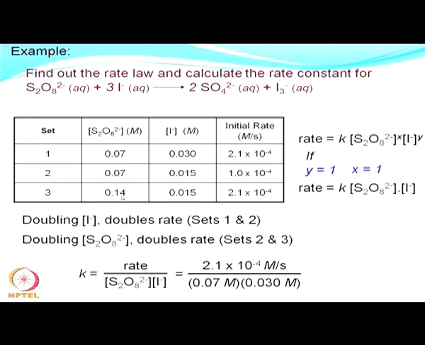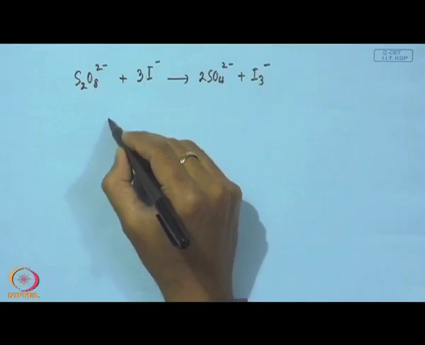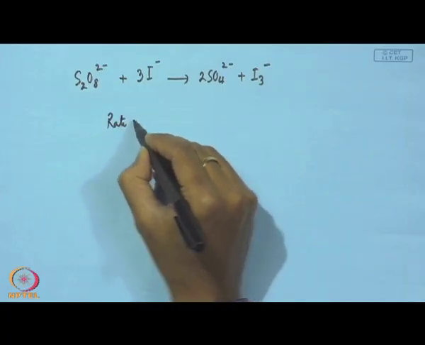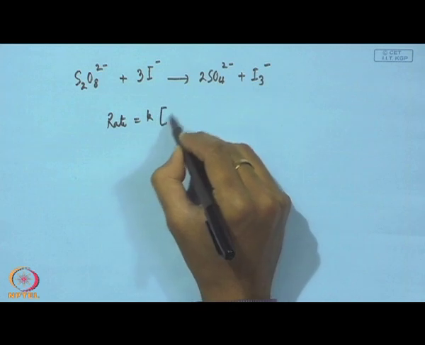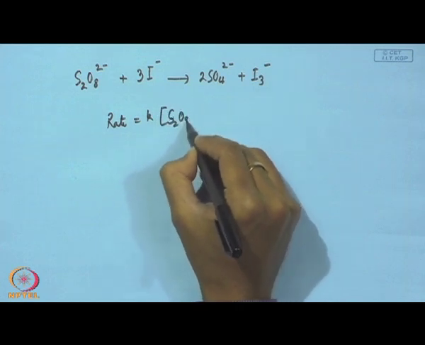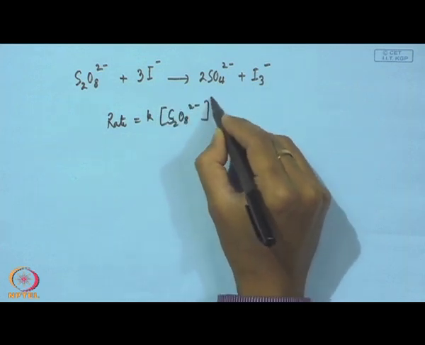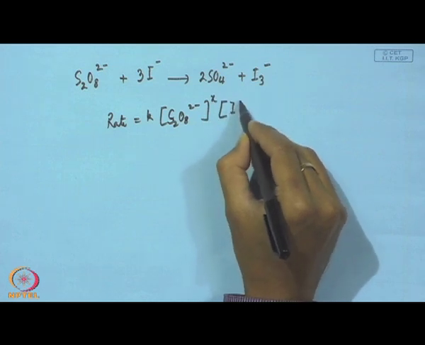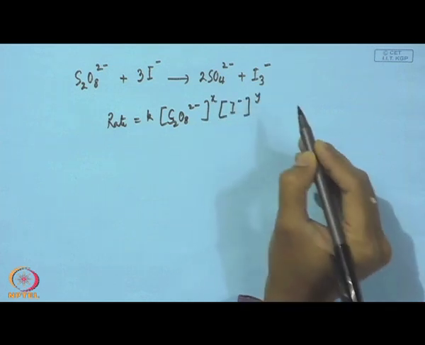For the last one, persulfate is 0.14, iodide is 0.015, and the initial rate is 2.1 into 10 to the power minus 4. So, the rate we can write in general equal to k into [S2O8 2-] to the power x and [I-] to the power y.